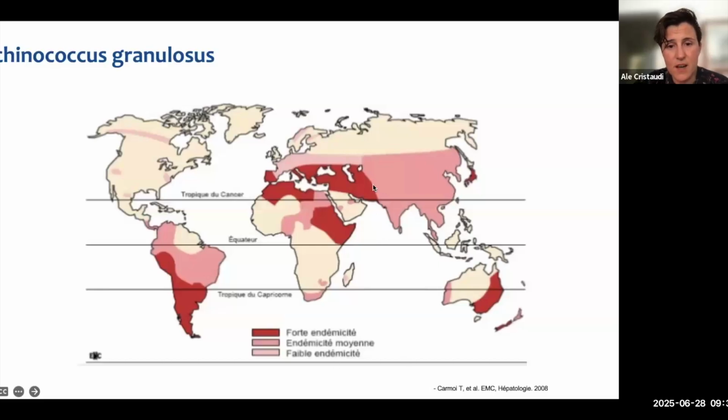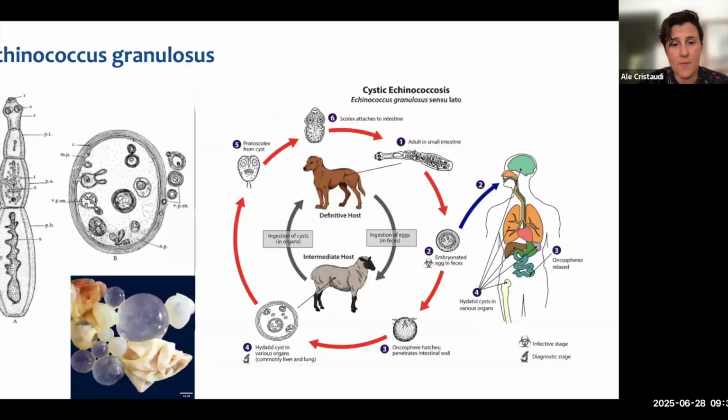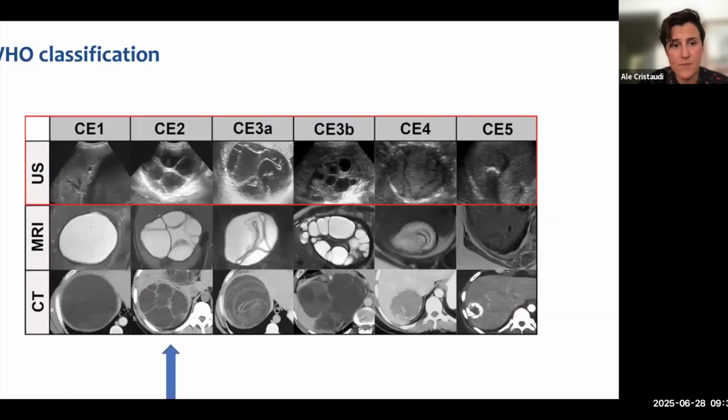So this patient comes from an endemic area, and he also traveled through endemic areas. The main hosts are dogs and sheep, and actually he was a shepherd in his country, so he had contact with these animals.